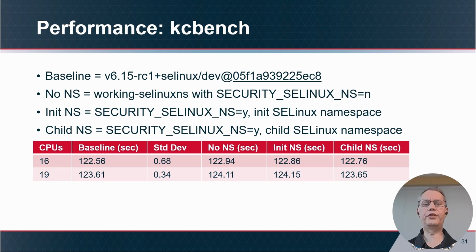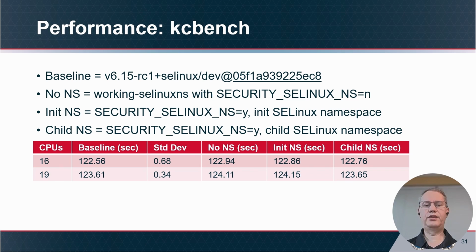To assess the performance overheads associated with SELinux namespaces, we ran a series of benchmarks on a set of kernels that showed different possible states. The baseline for the tests consists of a stock 6.15-rc1 kernel plus what was the head of the SELinux dev branch at the time, but did not include any of the SELinux namespace patches.